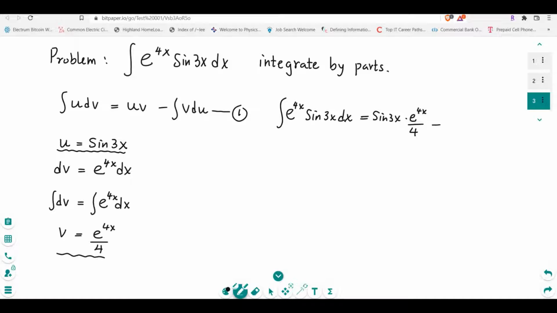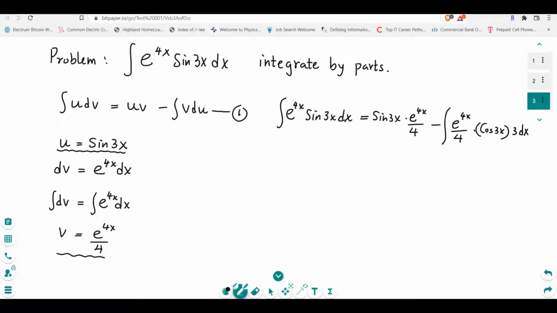And then we are going to have the integration of v, which is e to the power 4x over 4, and then du. So du would be the differentiation of u. So that would be cosine 3x times 3. That 3 comes from differentiating the inner function, which is 3x, and then finally the differential dx.